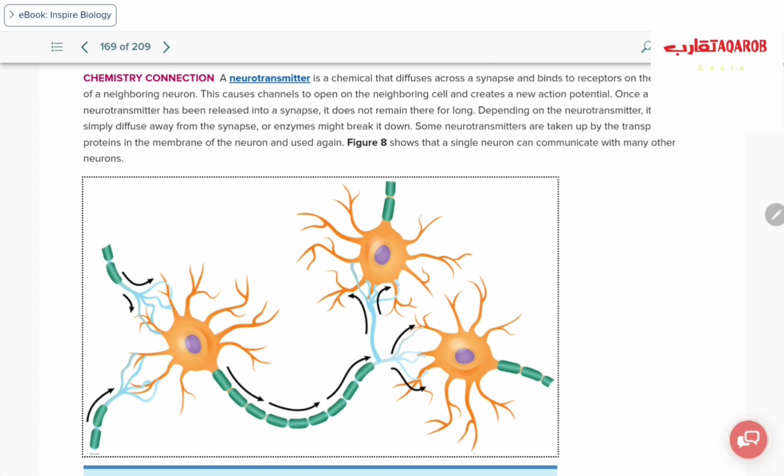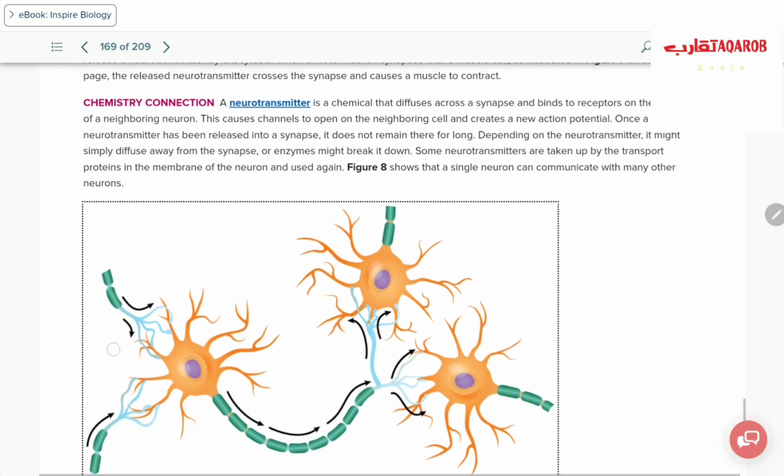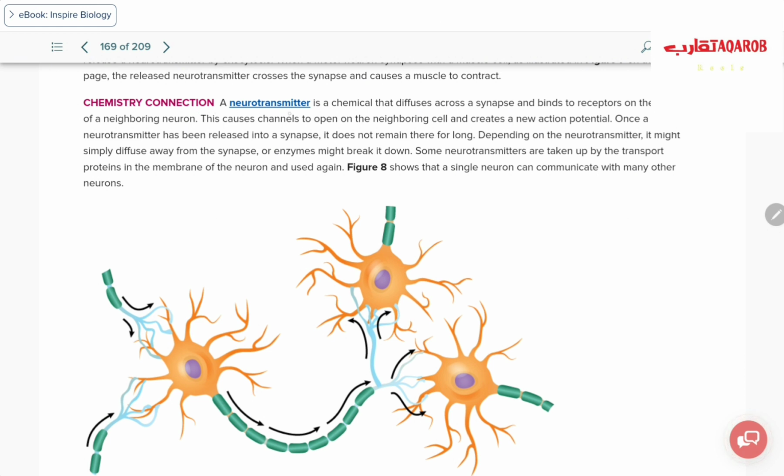The neurotransmitter is released outside of the axon by exocytosis into the dendrite, stimulating this neuron. Chemistry connection. A neurotransmitter is a chemical that diffuses across a synapse and binds to receptors in the dendrite of the neighboring neuron. This causes channels to open on the neighboring cell and creates a new action potential.